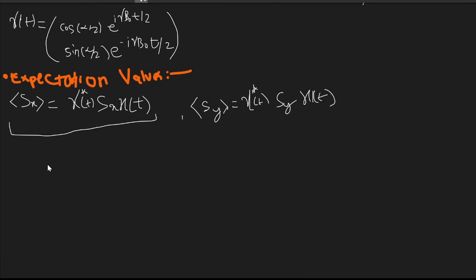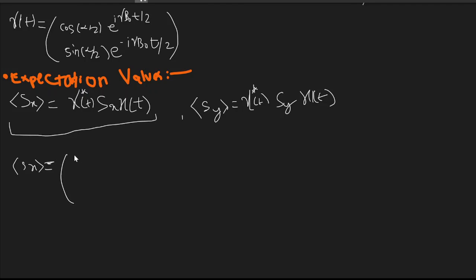So let's find the expectation value in the x direction. It's quite simple. You have to take the complex conjugate of this particular equation. I'm pretty sure you all know what exactly the complex conjugate is, because this is the basics.